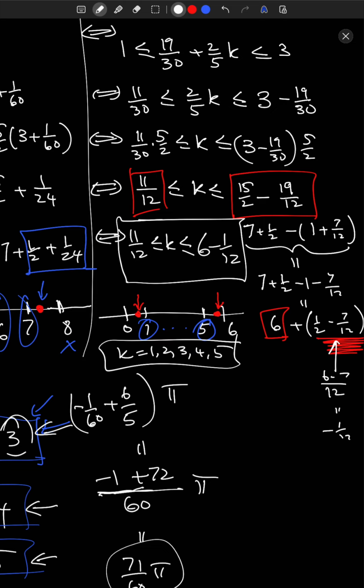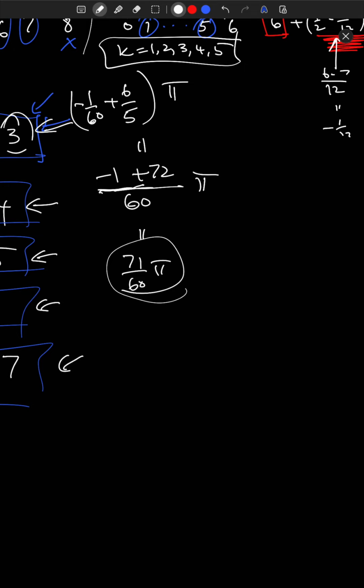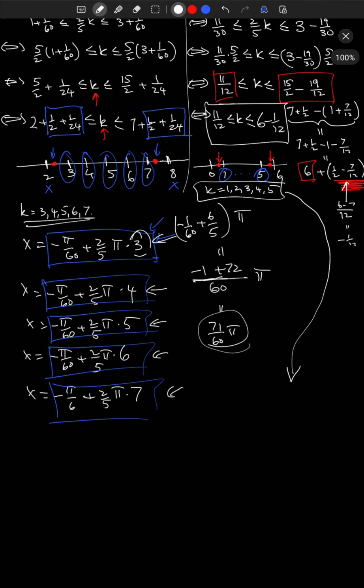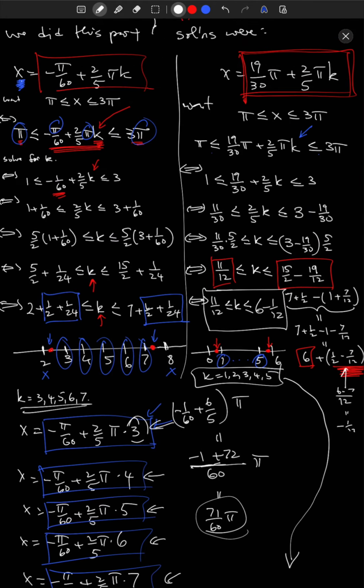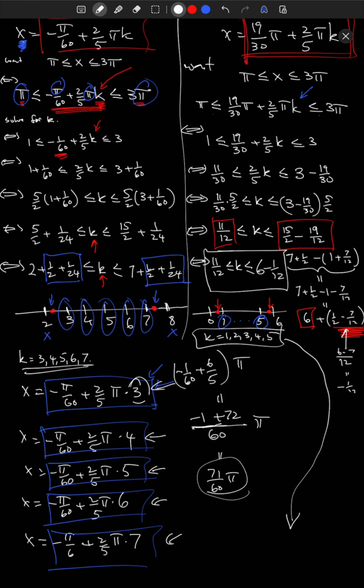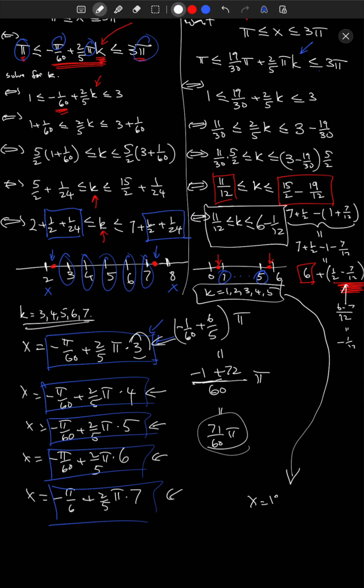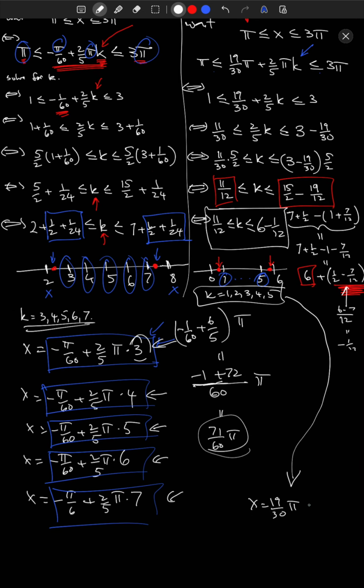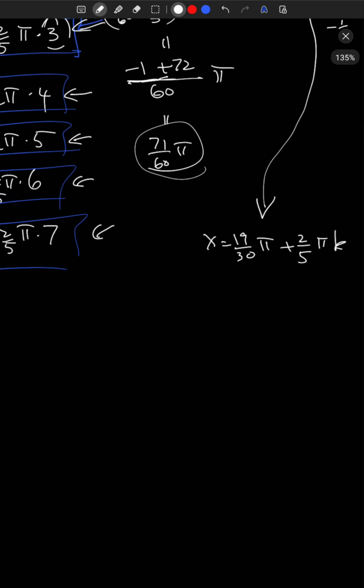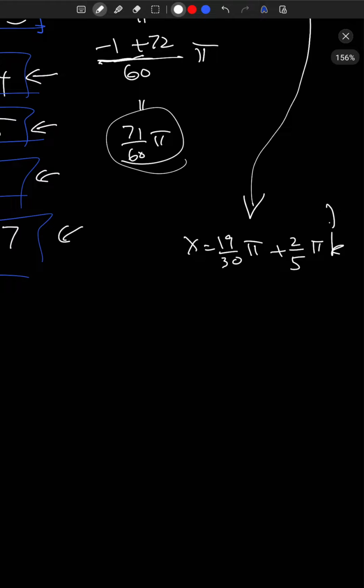All right. So this second part of the screen is going to lead me to 5 more solutions to my problem. What are they? Well, my instructions for the x for this right side of the board was x equals 19 over 30 pi plus 2/5 pi k, right? And here I've discovered that k should only be 1, 2, 3, 4, 5.